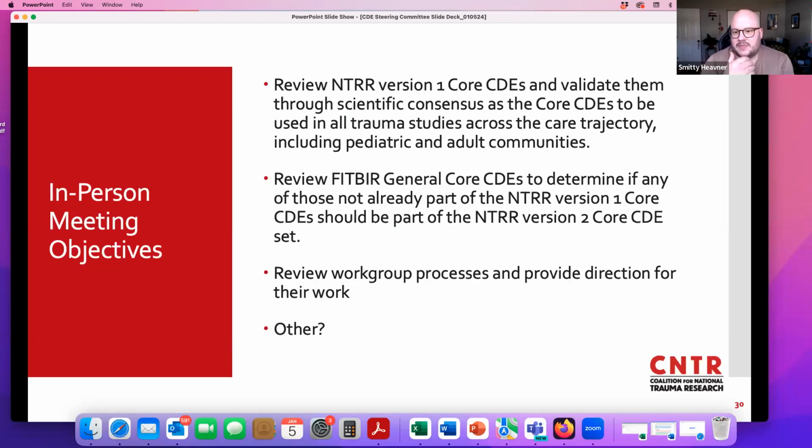How deep into that do you want this group to get? That portion is not currently part of the scope of work, but definitely needs to be discussed as follow-on.